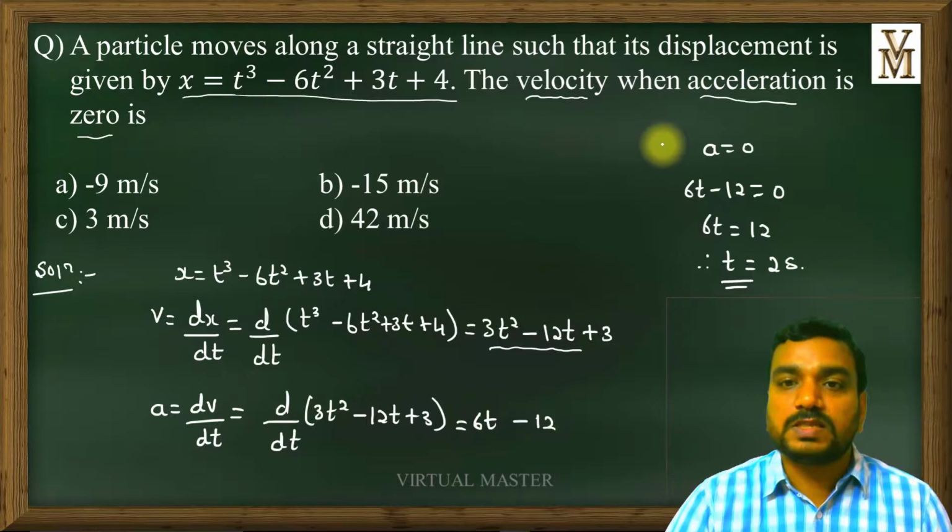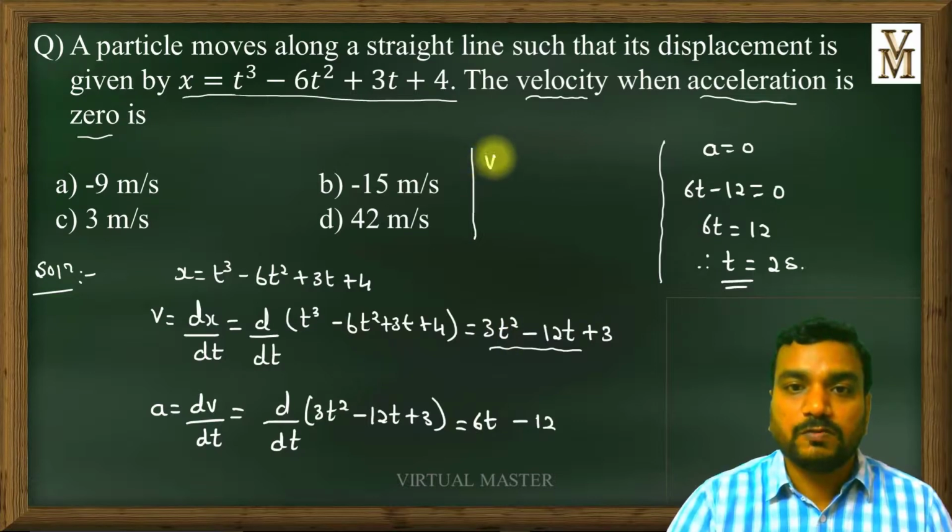Okay, now if we substitute t equals 2 in this equation, we are going to get v equals 3 into 2 square minus 12 into 2 plus 3.